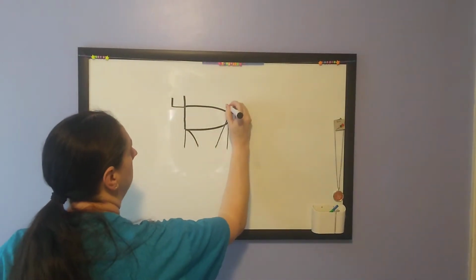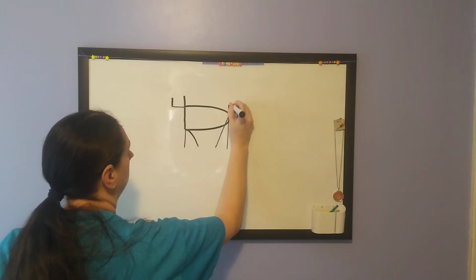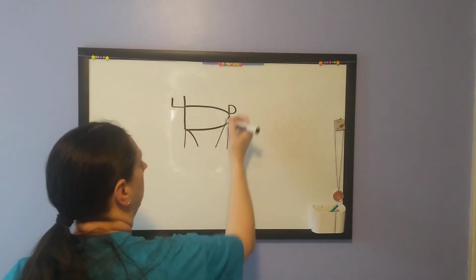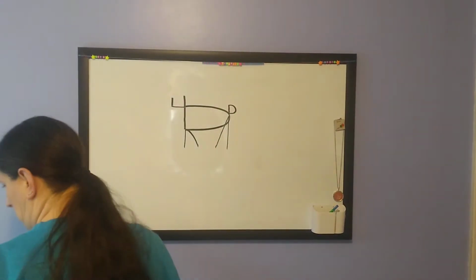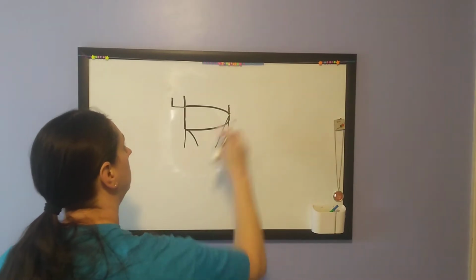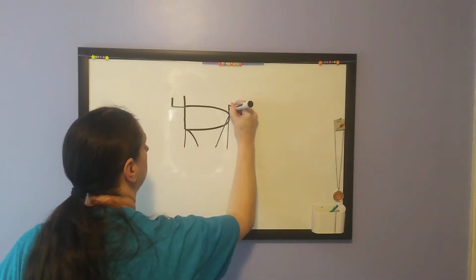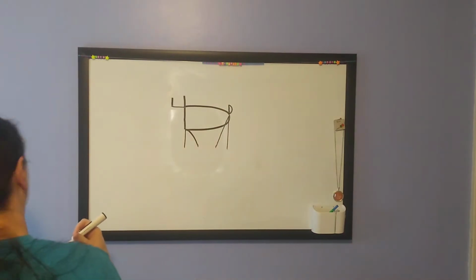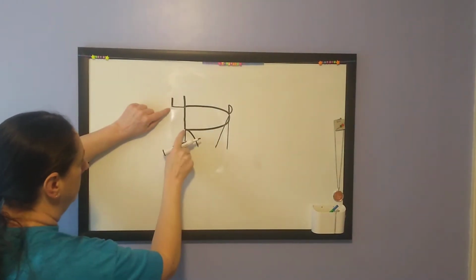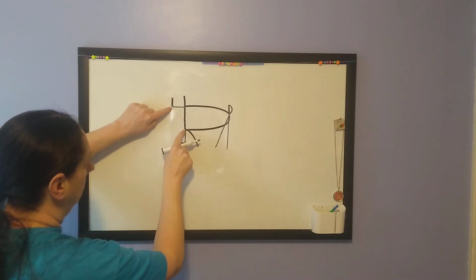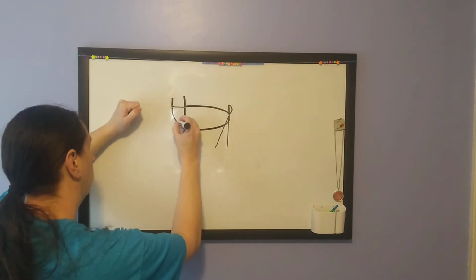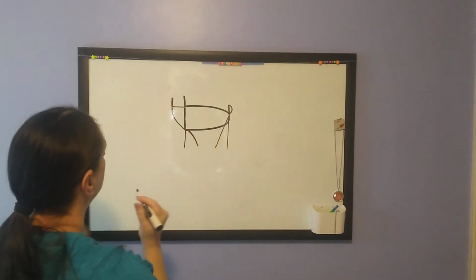And over here to make his tail, I'm going to use an uppercase letter D. Now, if you don't want the tail to be out so much, you want it to be a little more dainty, you could give it a smaller D. Now I'm going to extend to meet these two spots, and I'm going to curve it because it's going to be his neck area.